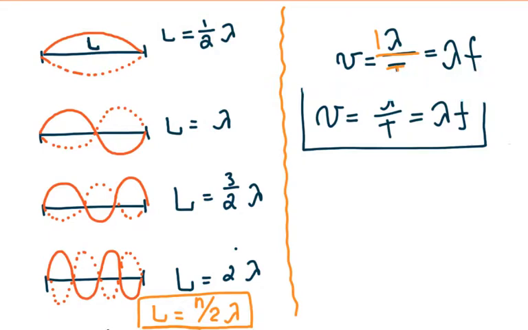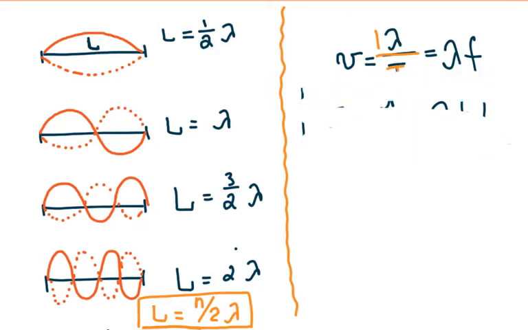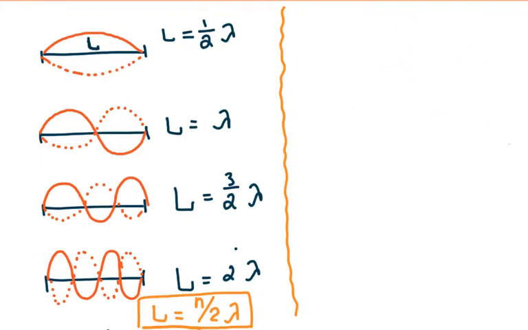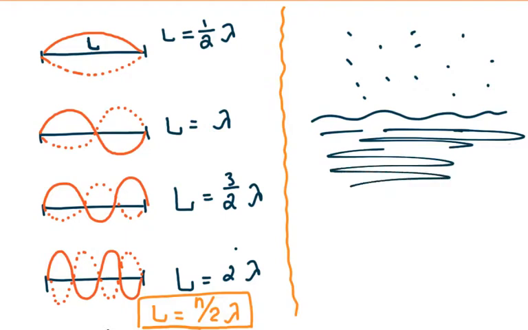Now, frequency only depends on the source. Frequency does not depend on anything. So I'm going to talk about the light wave. Let's say I have an ocean, and here you have air, which is just particles of air, not very dense. And then you have water, which is much denser.